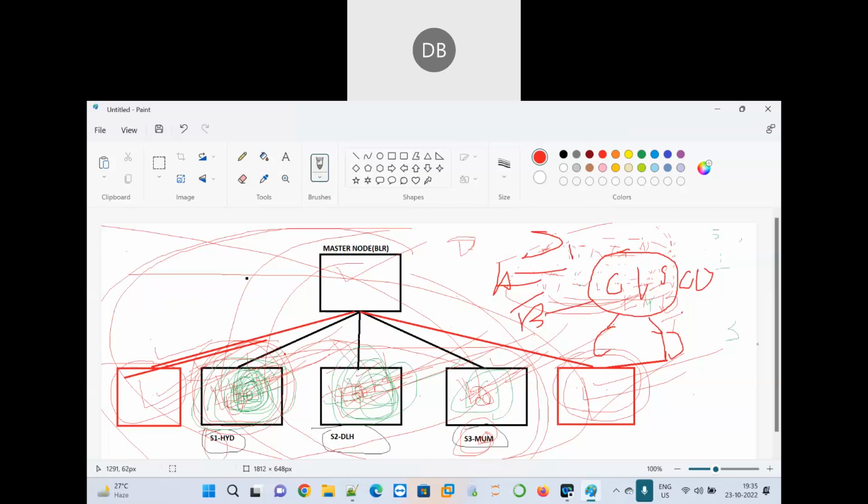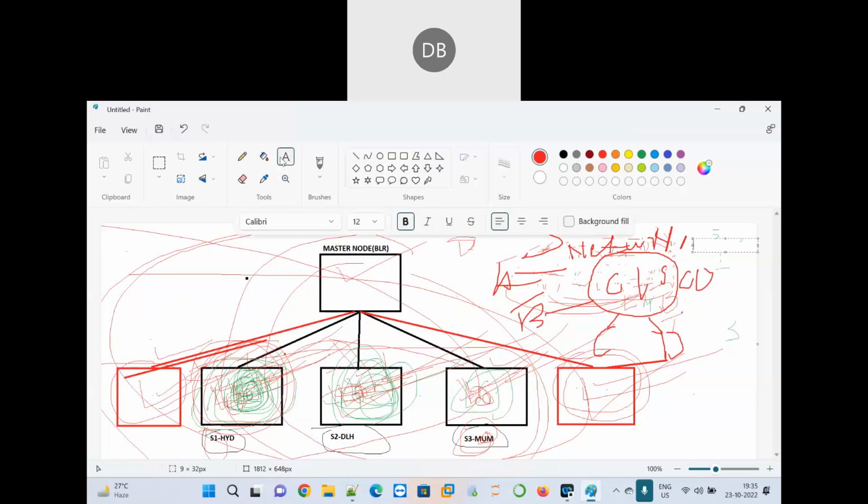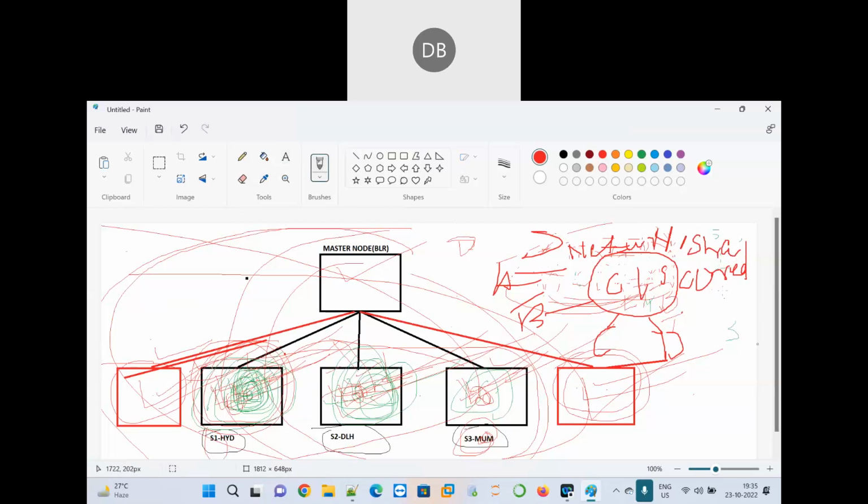They are maintaining some network drive, or shared drive. Okay. The shared drive, let's say E drive.